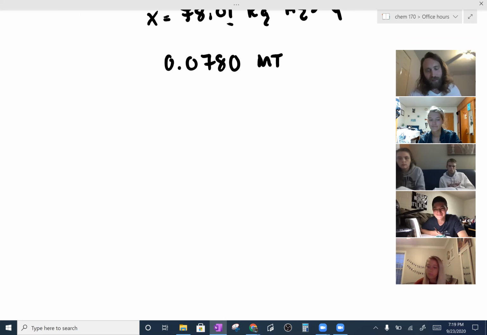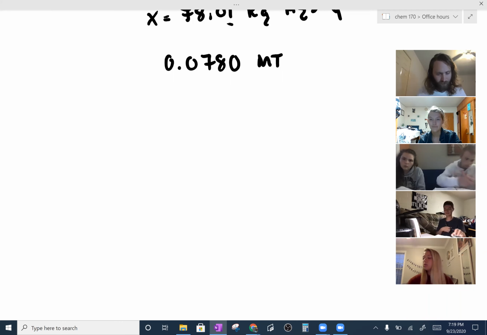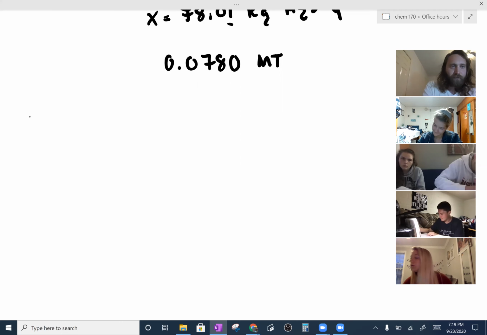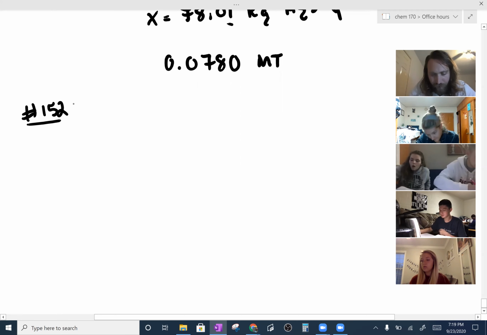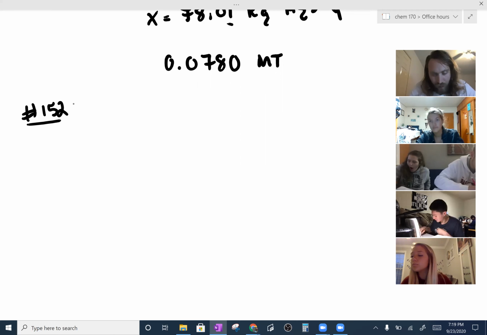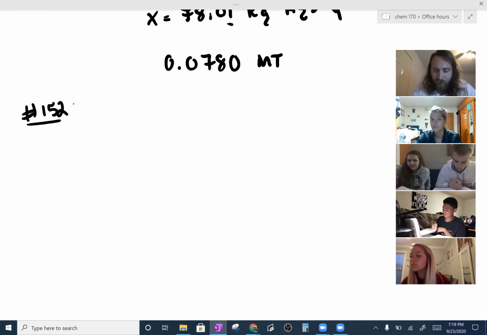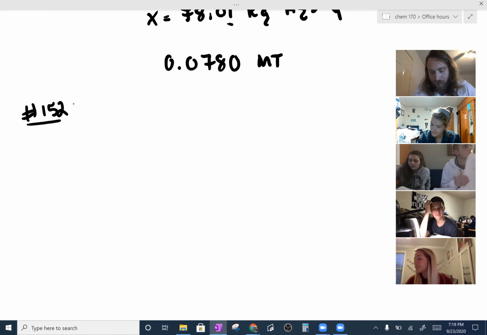Okay, and then the other question was 152, right? Okay, a 2.52 gram sample of a compound containing only carbon, hydrogen, nitrogen, oxygen, and sulfur is burned in excess oxygen to yield 4.23 grams of CO2, 1.01 gram of H2O.